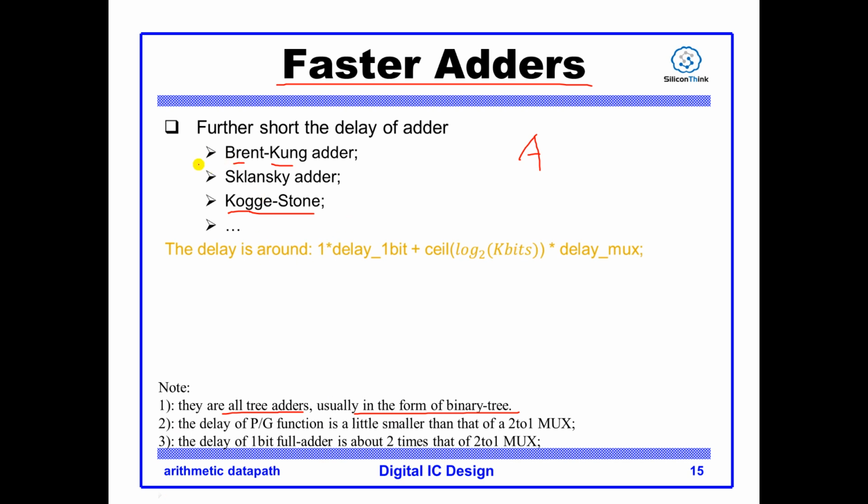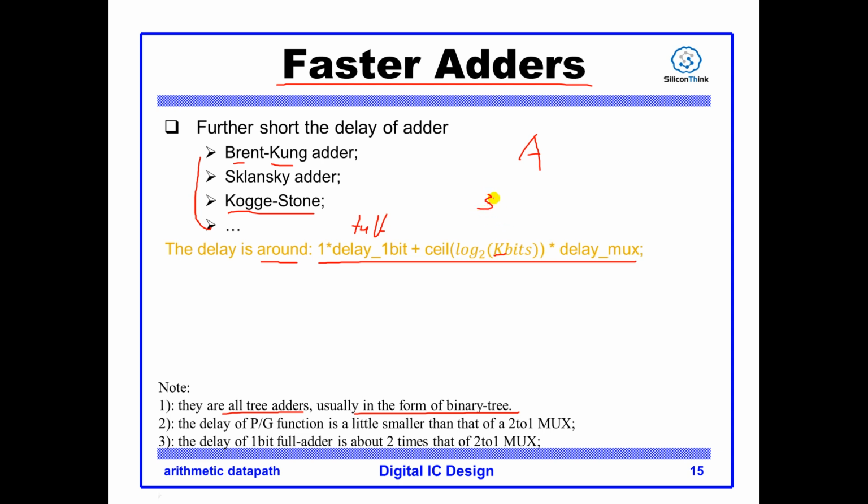And the delay of this triangle is usually around this number. That is one delay of 1 bit for input, plus the delay of the max multiplied by the ceiling of log k, where k equals the number of bits of the input.